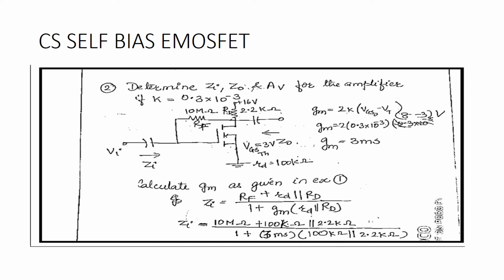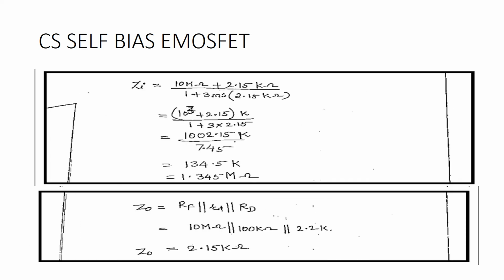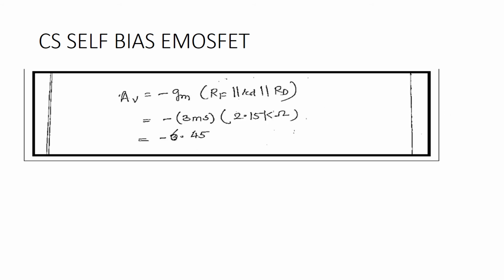So Zi comes out to be 1.345 mega ohms, which is very high. Output impedance Z0 is a parallel combination of RF, rd and RD. So Z0 is equal to 2.15 kilo ohms.